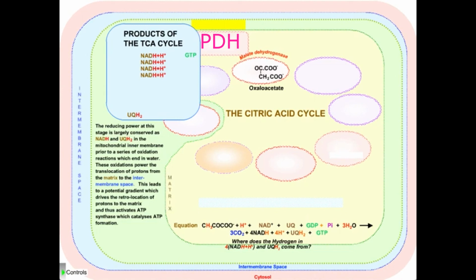These are powerful reactions that assist in the movement of protons from the matrix to the inner mitochondrial membrane space, leading to a gradient that drives the relocation of protons to the matrix, allowing oxidative phosphorylation to occur, thus leading to 3 ATP for every NADH and 2 ATP for every FADH2.